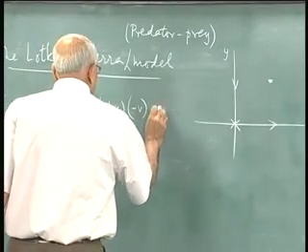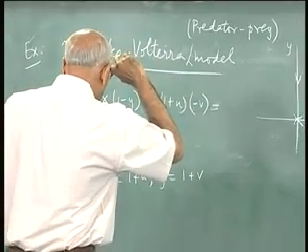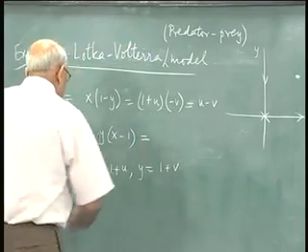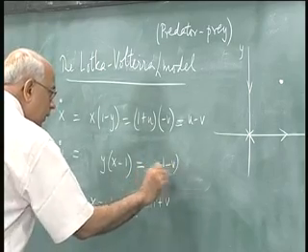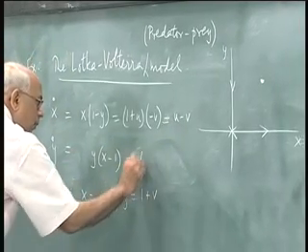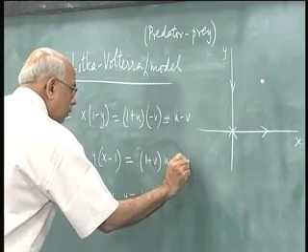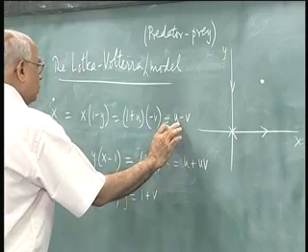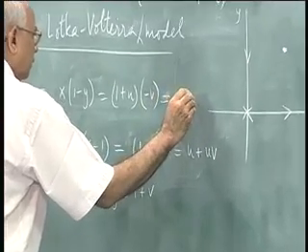Therefore this is equal to, x is 1 plus u and 1 minus y is minus v, so u minus v, and this is equal to, this is minus y, so minus 1 minus v, y is 1 plus v multiplied by x minus 1, which is u, equal to u plus uv, and this is u minus v minus uv.